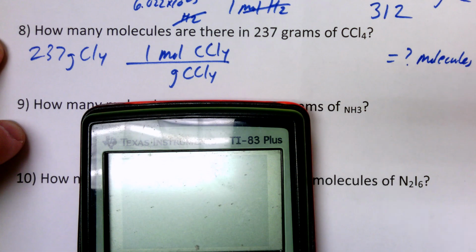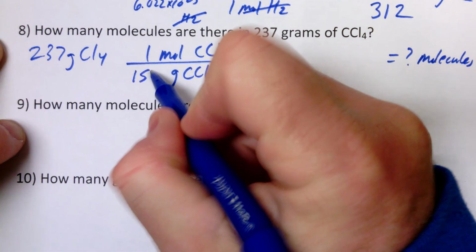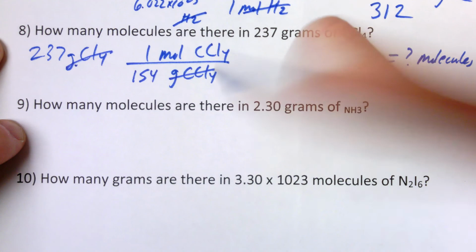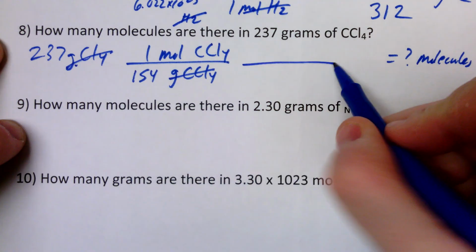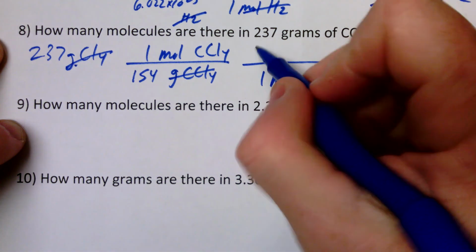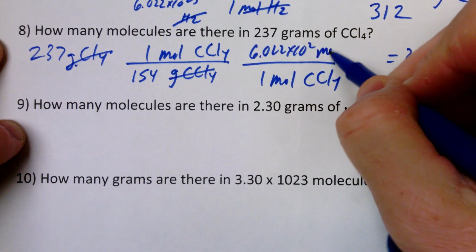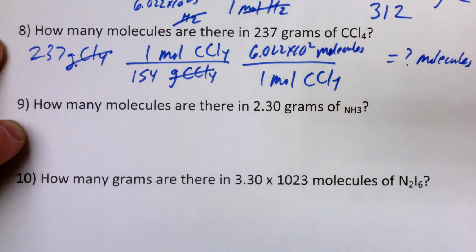I know that each chlorine is 35.45 from the periodic table, and times that by 4 plus 12 for that carbon gives me 153.8. Let's go 154. Close enough. All right, that gives me moles, but I need to know that in 1 mole of carbon tetrachloride, there are that many molecules.